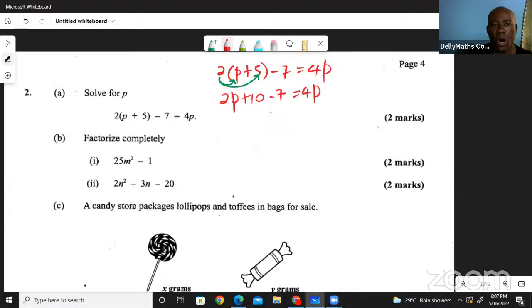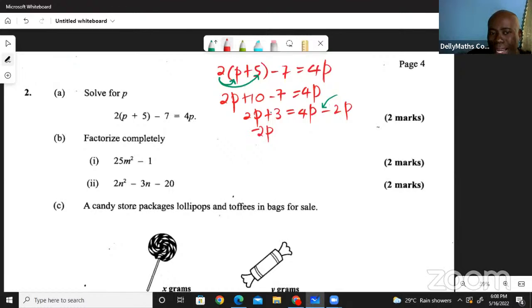Now let's rewrite this. This is 2p, 10 minus 7 is a positive 3, and this is equal to 4p. So 2p plus 3 is equal to 4p. Gathering our p's on one side: I'm going to subtract 2p from both sides for balancing.